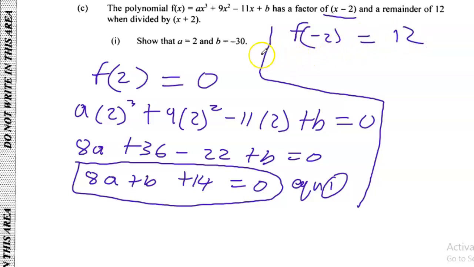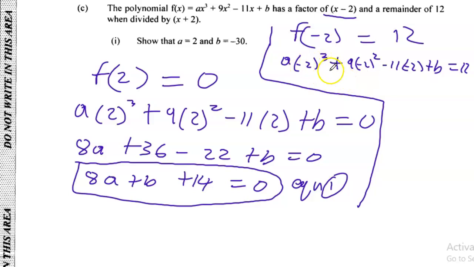And now we can substitute minus 2 for x in the function. So we have a times minus 2 all cubed plus 9 times minus 2 squared minus 11 times minus 2 plus b, and this is equal to 12.